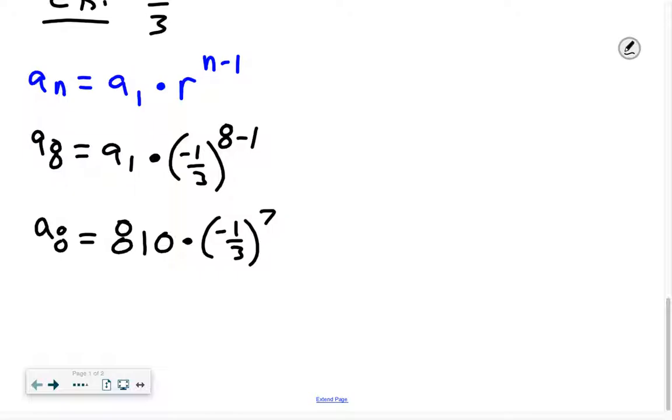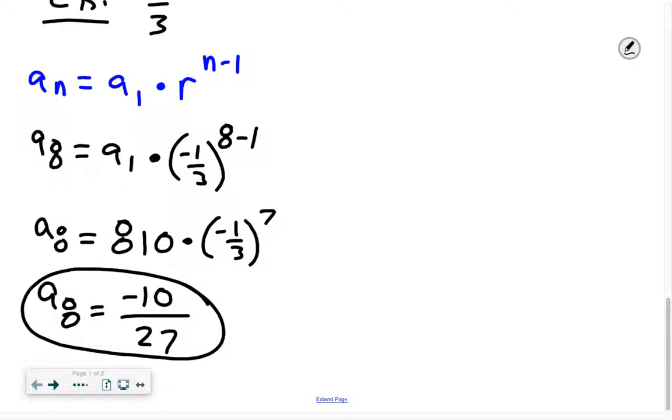Give me the simplified fraction if you would. When you do it, you should come up with negative 10 over 27.